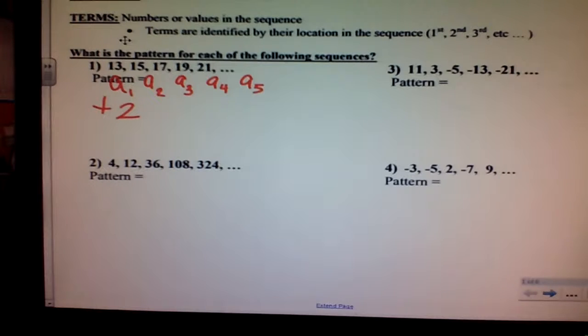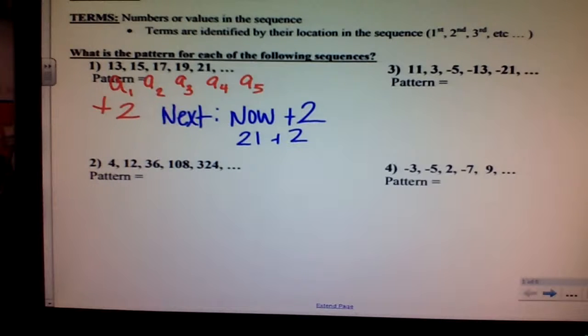Okay, so in Math 1, you all learned something called next now, which means to get my next number, I take my now number and I do something to it. In this case, I add 2. So this means I take 21, which is my now number, and add 2. 21 plus 2 is 23.